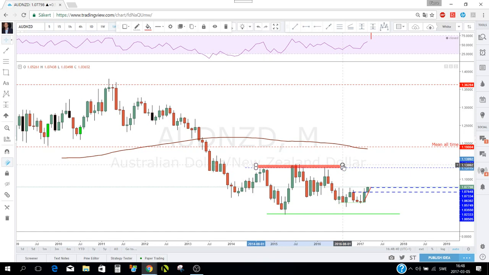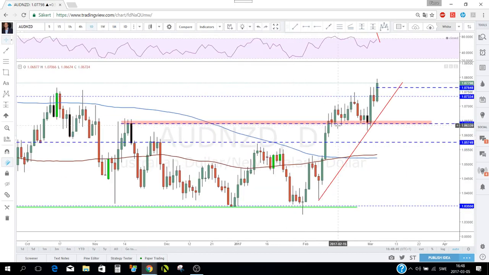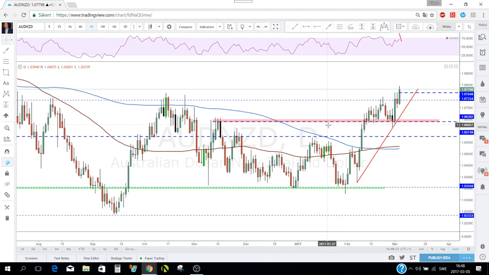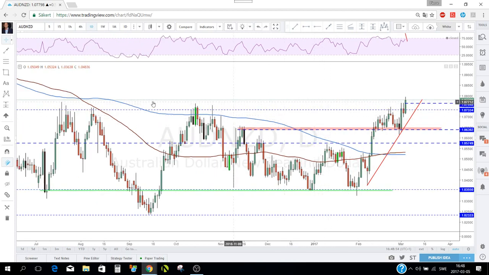It doesn't really matter how exact you are, because once again we are looking at zones, and it depends a little bit on which pair you're trading. Some pairs have lots of wicks all the time, as you see in this area.